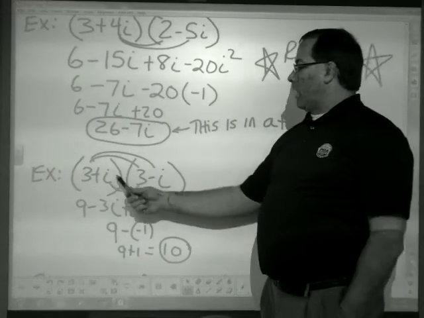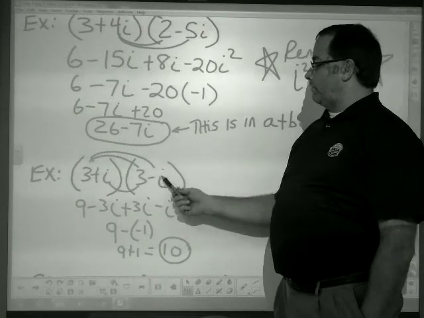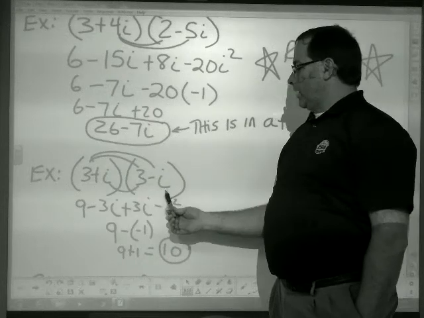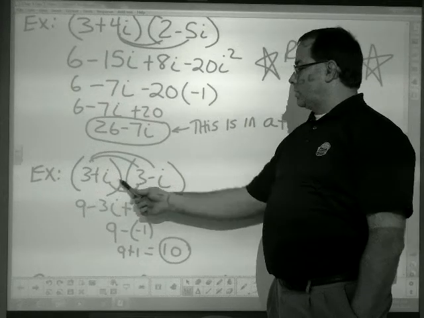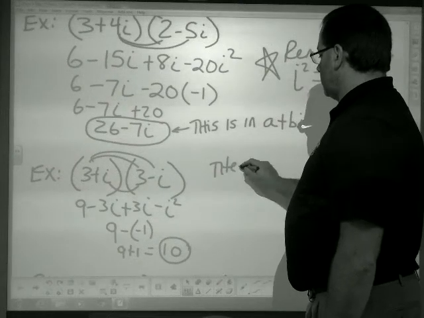Do you remember when radicals had like 3 plus square root of 5, 3 minus square root of 5? Okay? Remember, i's are really radicals. When we have binomials that are the same, two terms, but different signs, we would say that these are conjugates.